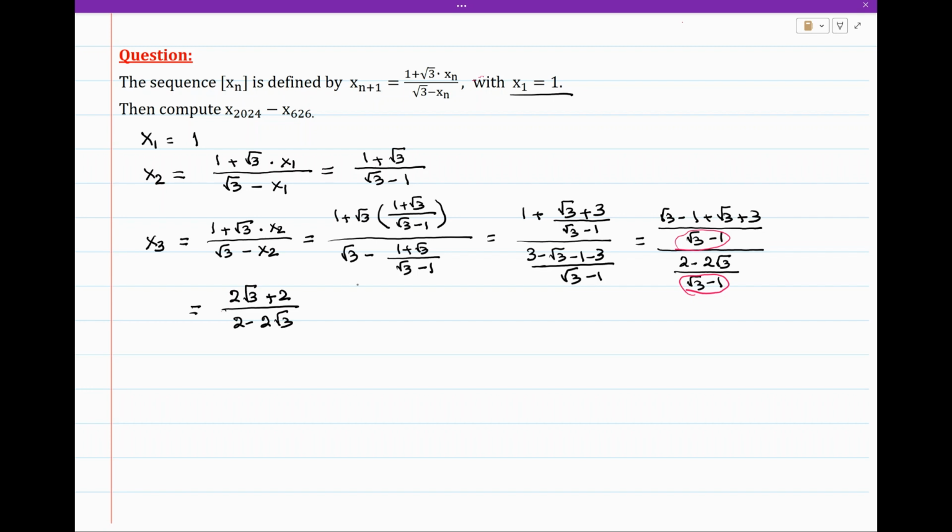If you cancel 2 from the numerator and the denominator, we get square root of 3 plus 1 divided by 1 minus square root of 3.